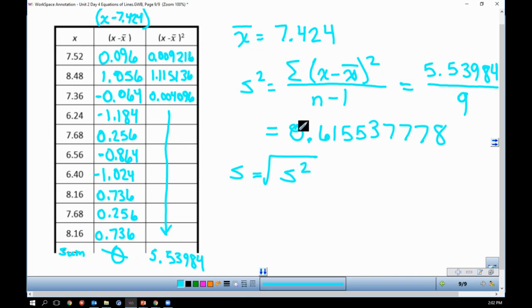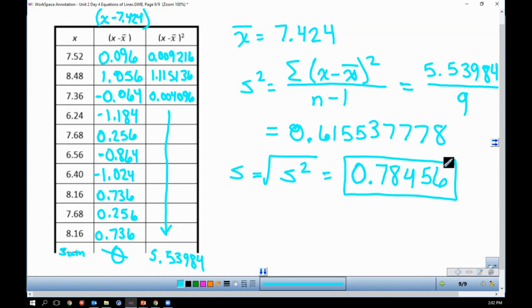So if we take the square root of s squared, you would get, actually I did 5 decimal places, 0.78456. Final answer. That's our standard deviation.